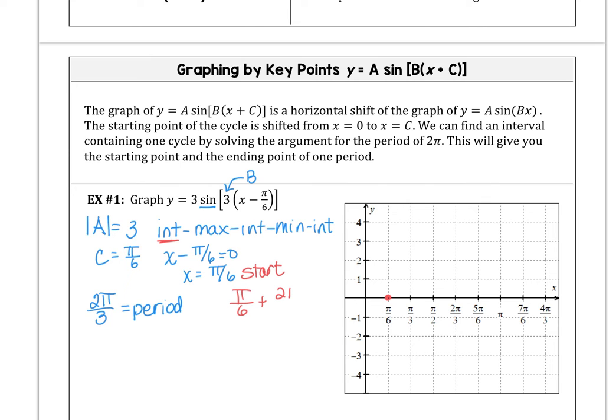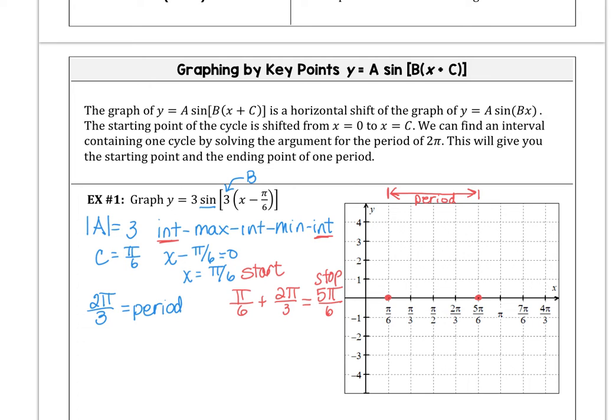We're going to go 2/3 of a pi, which is 4 pi over 6. So we're going to stop at 5 pi over 6. This is our stopping point, 5 pi over 6. It's also an intercept. So if we start here, and then our period is 2 pi over 3, this is one period. Our stopping location is 5 pi over 6.